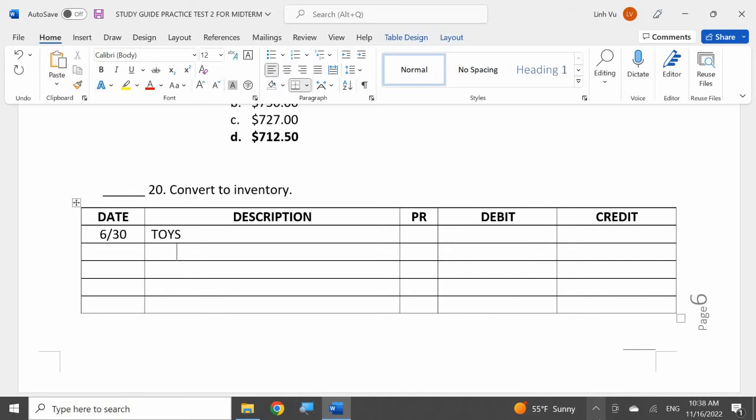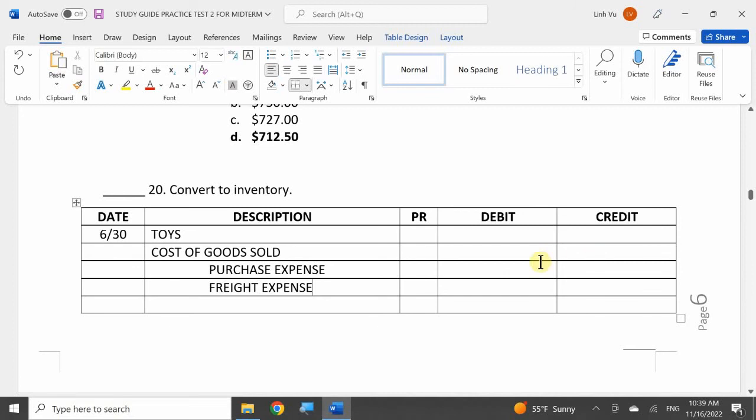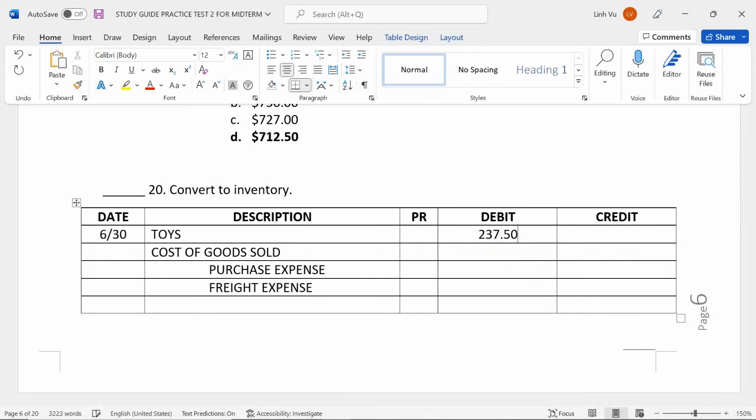We also need to recognize that we sold some of those toys along the way, that we're converting from purchase expense, and we're also needing to zero out my freight expense. So again, first one here is, what was your total ending inventory? It was $237.50. The cost of goods sold was $712.50.